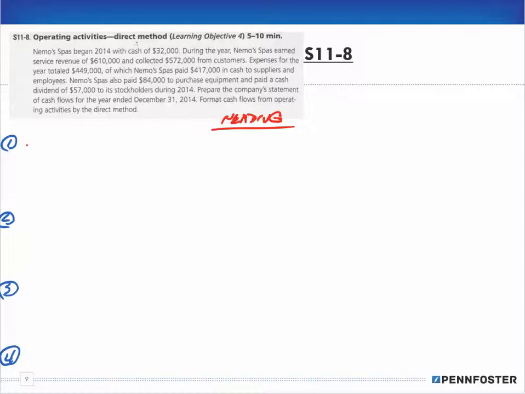So I'm going to start out with cash flows from operating activities, right? And see, I'm abbreviating it. I'm not going to write it all out.